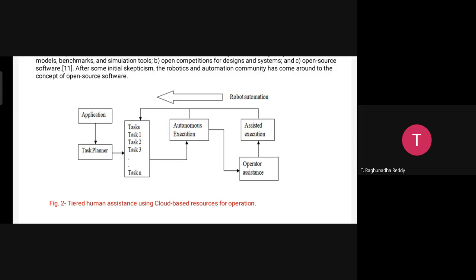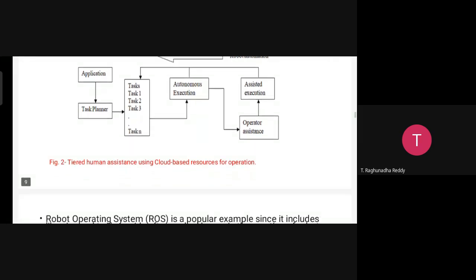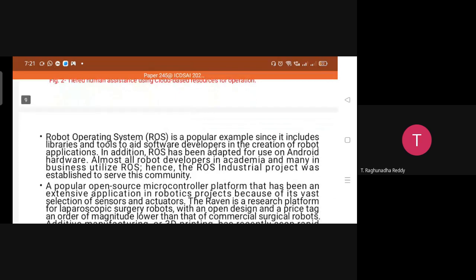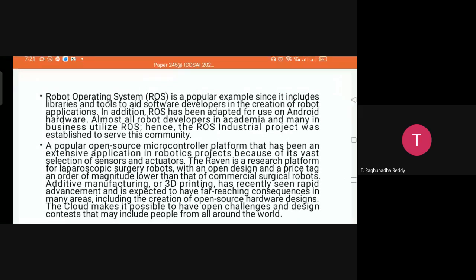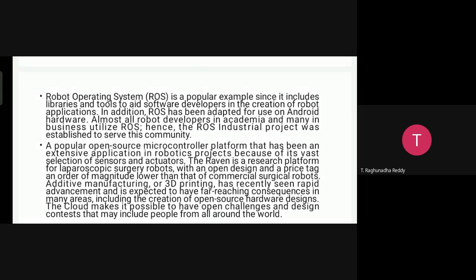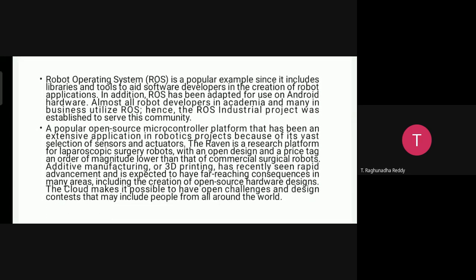We also give the assistant, which can be a human being or a machine, whatever it may be. And then the robot begins to work automatically. The robot operating system is a popular example that has been used widely in many areas.